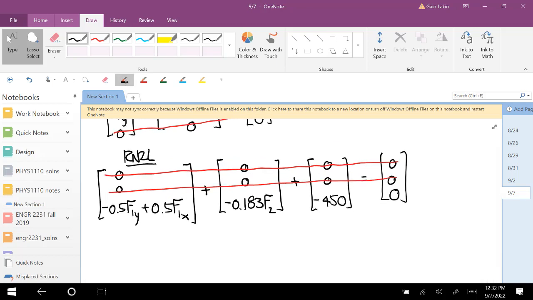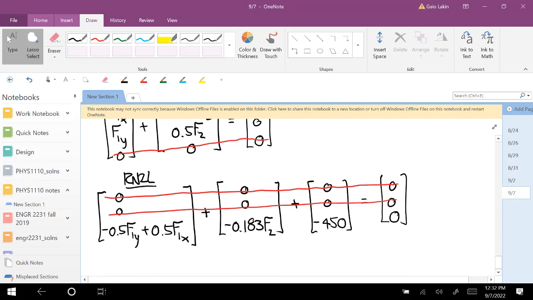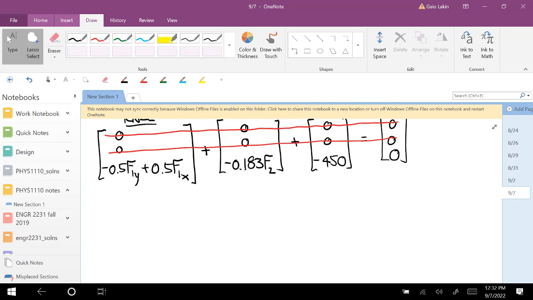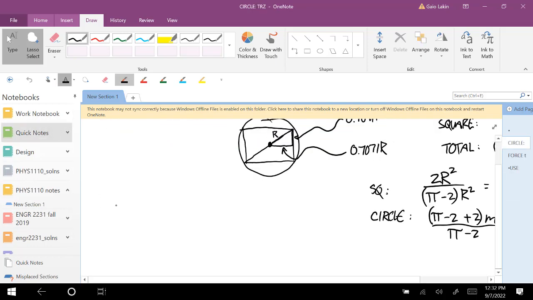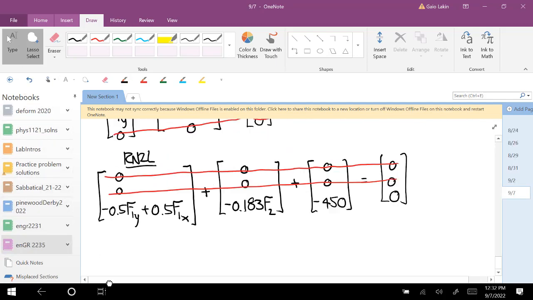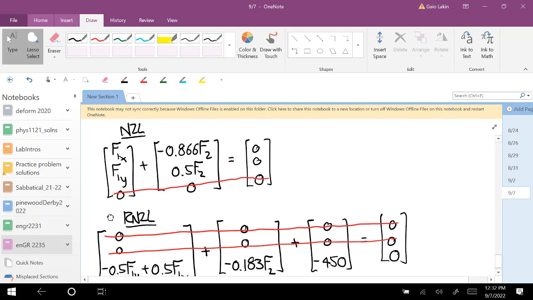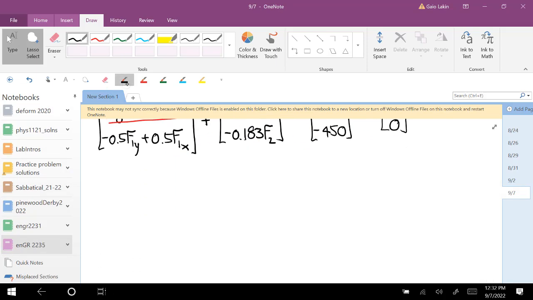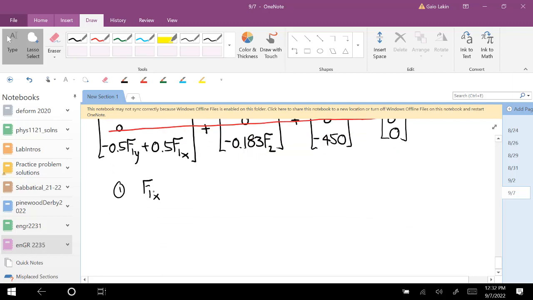So let's write out this system of equations. The first one, F1x minus 0.866 F2 is equal to 0.